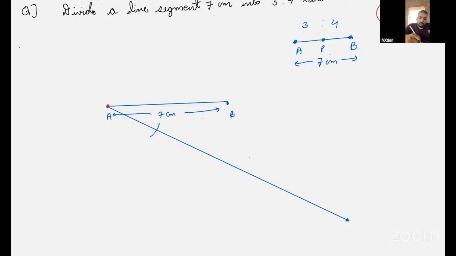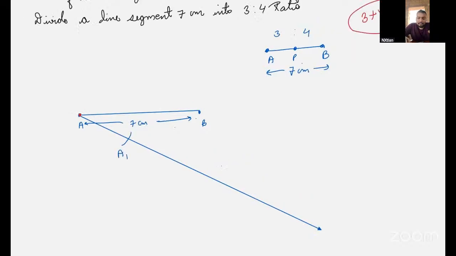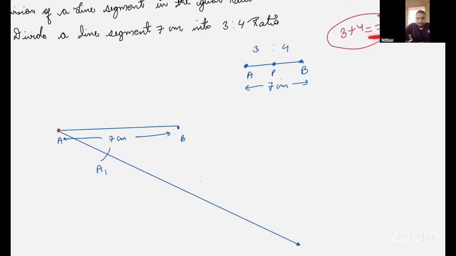Now, this is only the first arc, which is A1. You have to make 7 points like this. So now for the second point, you put the compass tip on A1 and then make one more arc here. It should be A2. Without disturbing the compass, put the tip on A2 and make an arc.